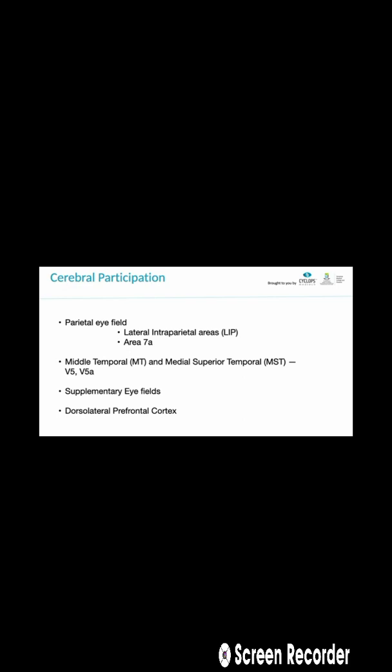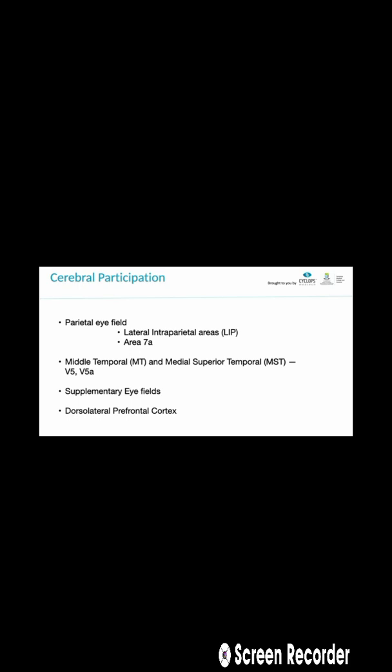The other areas from the temporal lobe are the middle temporal and the medial superior temporal areas, described as V5 and V5A respectively. The supplementary eye fields and the dorsolateral prefrontal cortex are also involved during the visual fixation system.